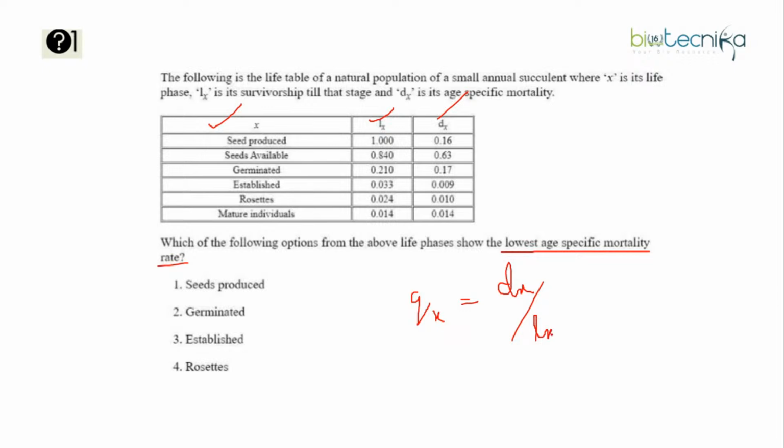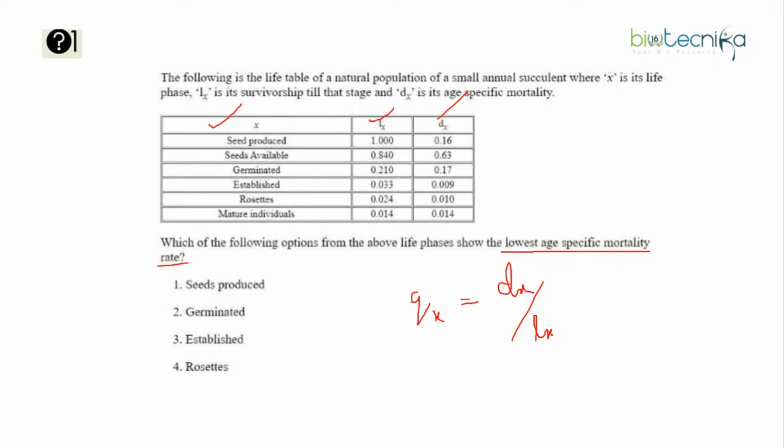So now can you calculate this Qx for all the different stages and tell me what should be the answer? Okay, I'm giving you 2 minutes to do this. Quickly find out.